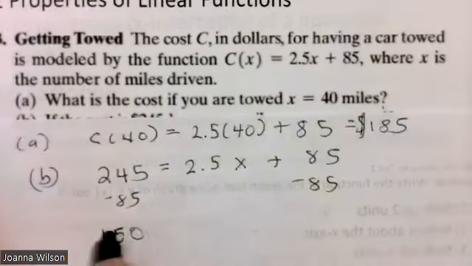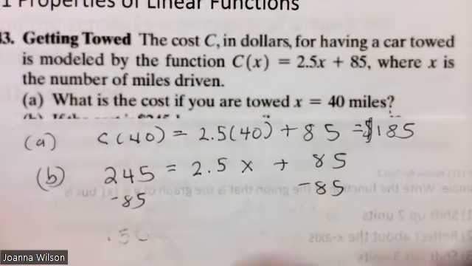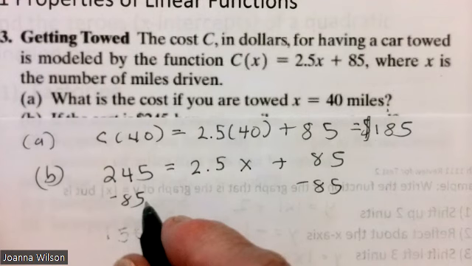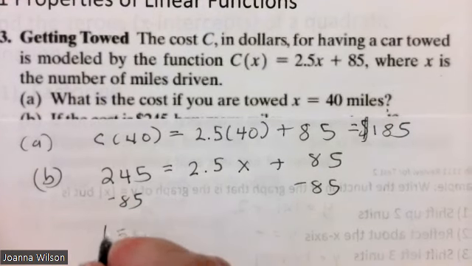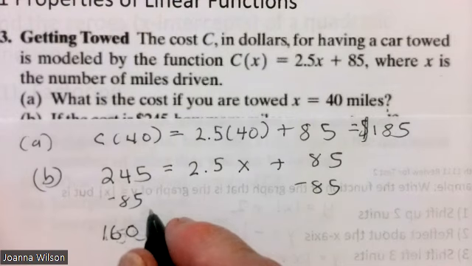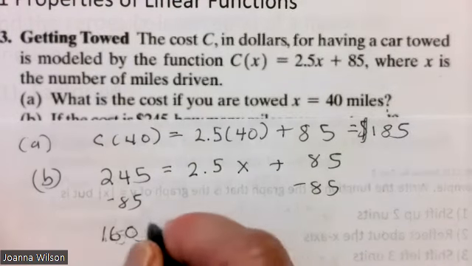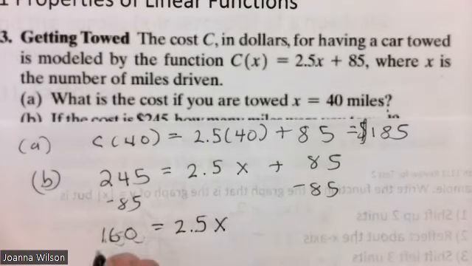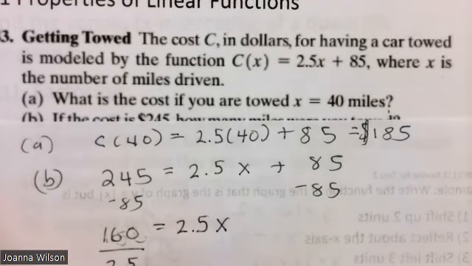No, it doesn't give you 150. What does it give you? I think it gives you 160. You can check me on that if you want to. So then I have 160 equals 2.5x. And then I'll divide both sides by 2.5.